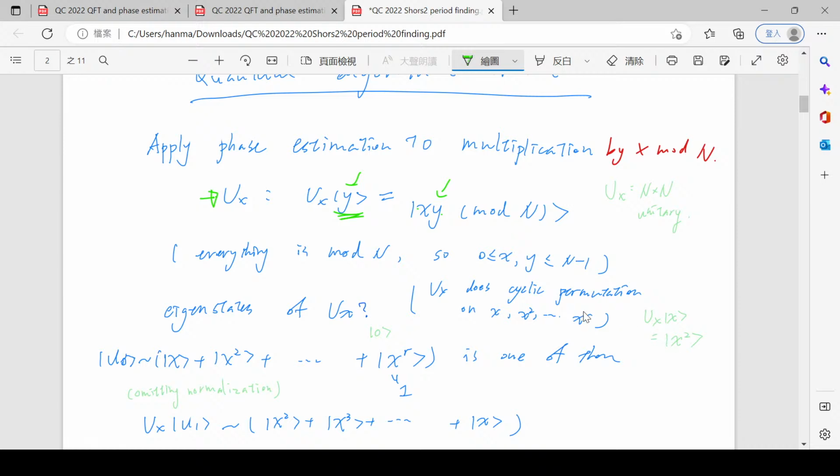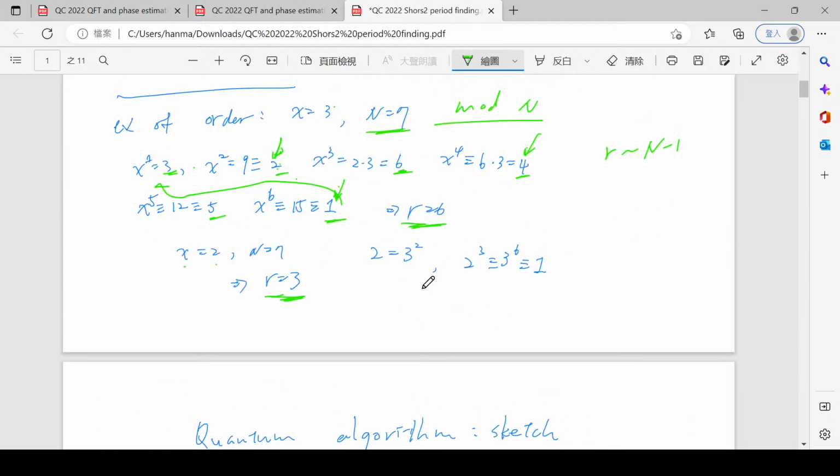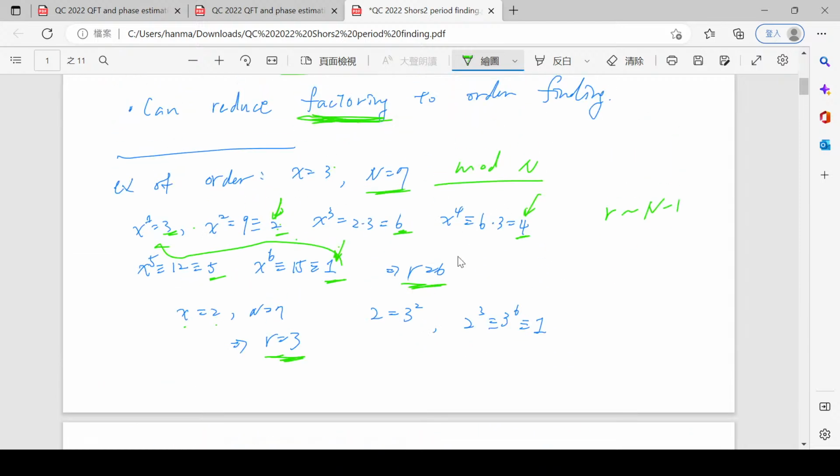If we keep applying U_x, on x squared it gives x cubed, etc. And we notice that if we keep doing this, at some point we'll hit x to the r equal to 1. So it will just be cycling through those computational basis states, x to some power.